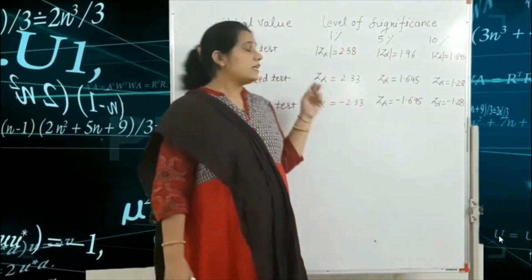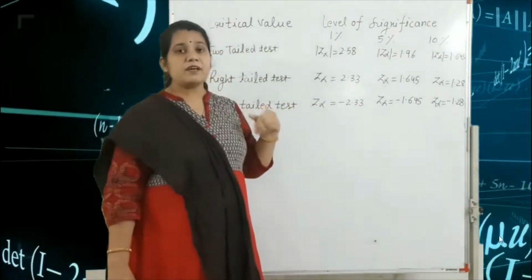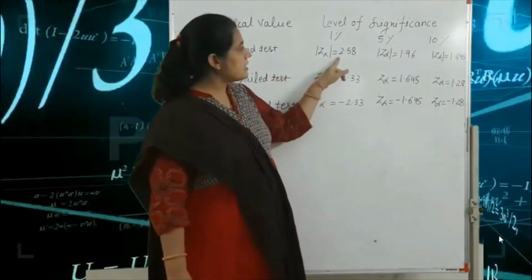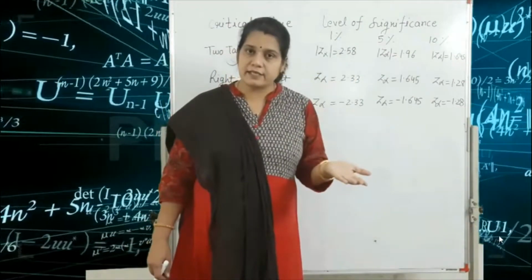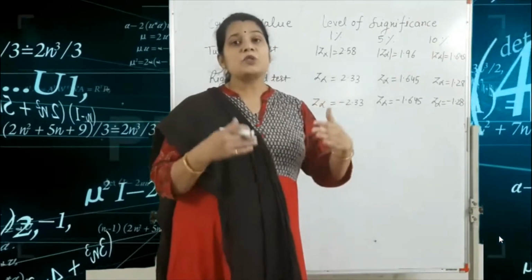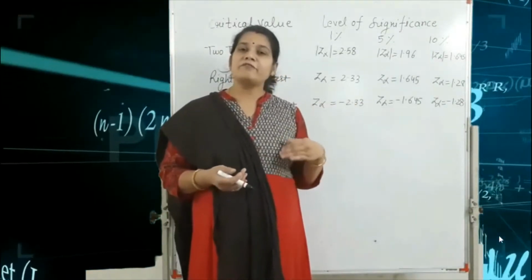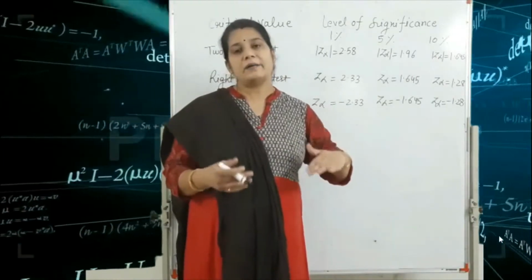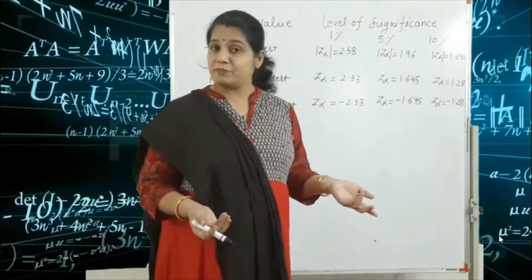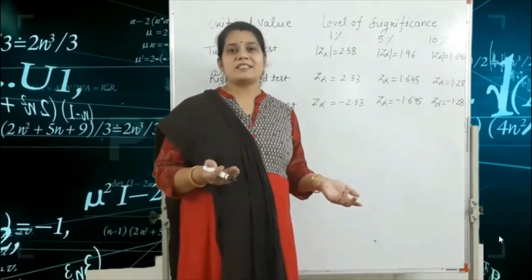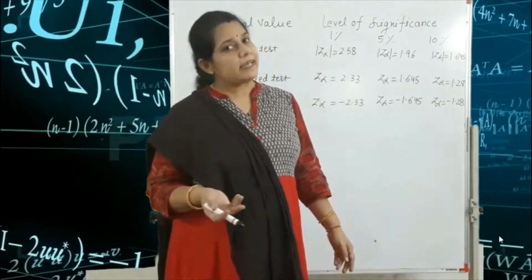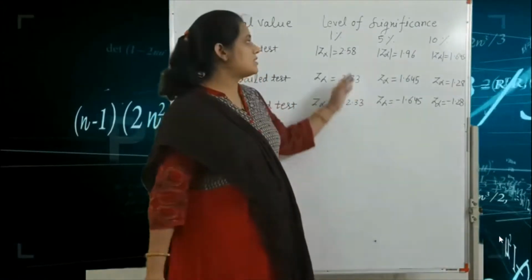That means in the two-tailed test, if our finding value is less than 2.58, the null hypothesis is accepted. But if greater than 2.58, the null hypothesis is rejected, which means the alternative hypothesis is automatically accepted at the 1% level of significance.